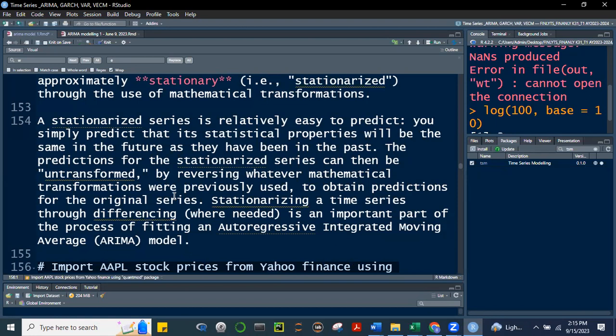That can be easily done in R. If we have done the log, then we will do the exponentiation in order to convert our forecasted values back into the original values. That's very easy, class. So we transform it by reversing whatever mathematical transformations were previously used to obtain predictions for the original series.